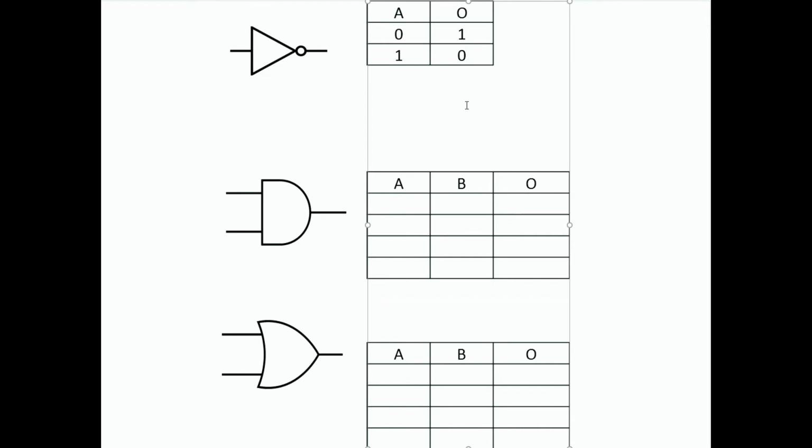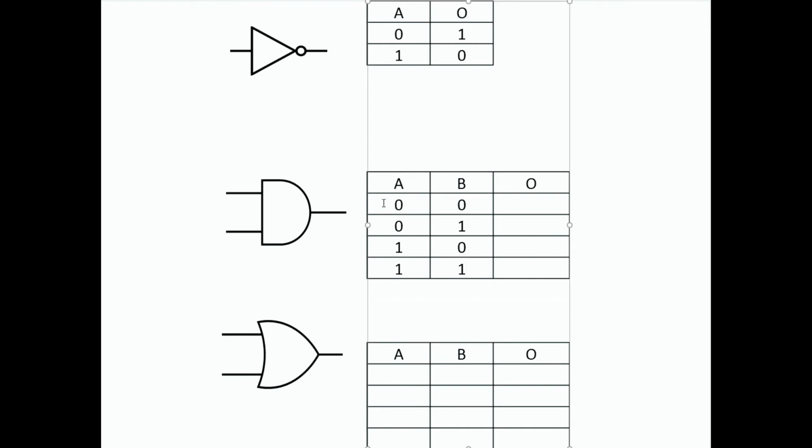For an AND gate, we've now got 2 inputs, A and B. So we've now got to fill these in as binary numbers, starting at 0 and going up to 3. So here we would put in 00, 01, 10, 11.